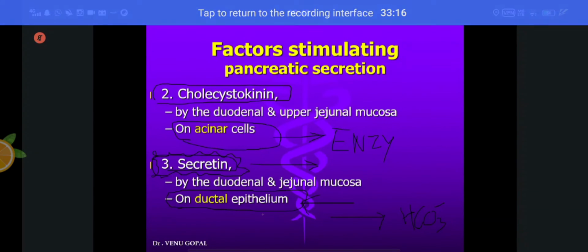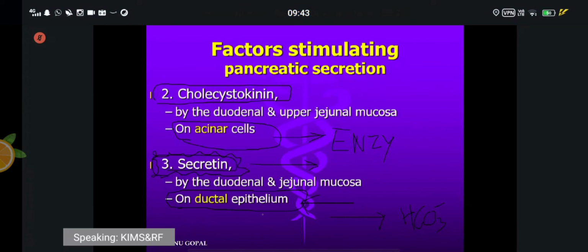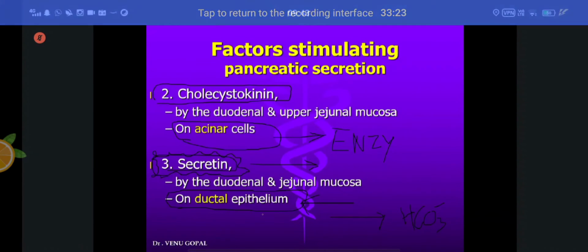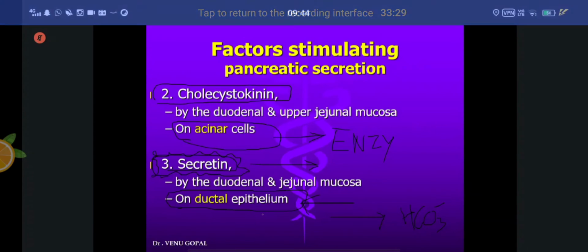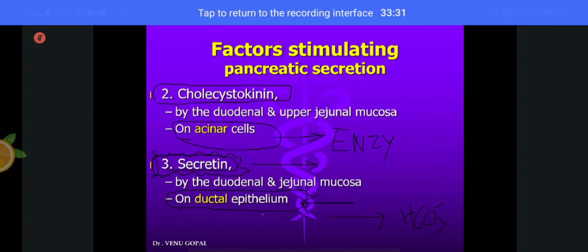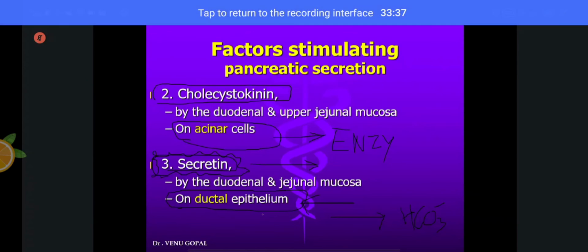Why I am stressing this: depending on the food and the acidic medium that you are supplementing from the stomach to the duodenum, it will behave accordingly. If you supplement more protein to the duodenum, then more cholecystokinin and acetylcholine are released to produce more enzymes from the serous cells.